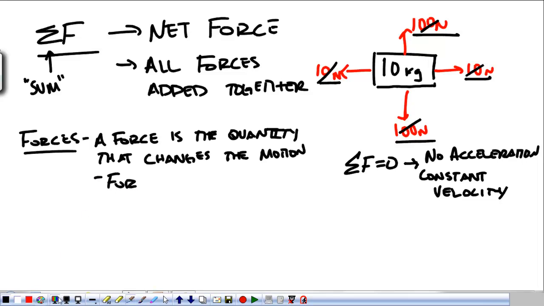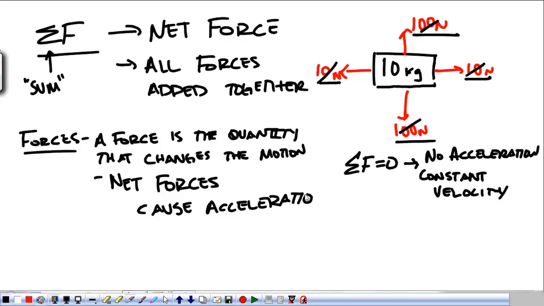Or, a better way to say that is that net forces cause acceleration. If the net force on an object is 0, it has 0 acceleration, which means it'll continue going at a constant velocity.